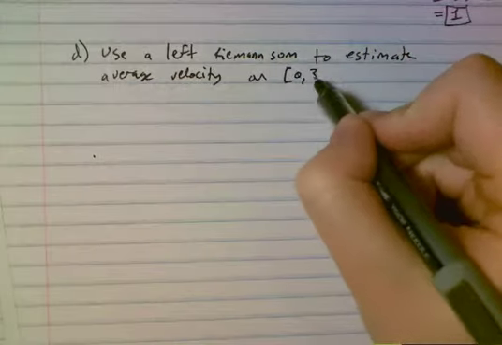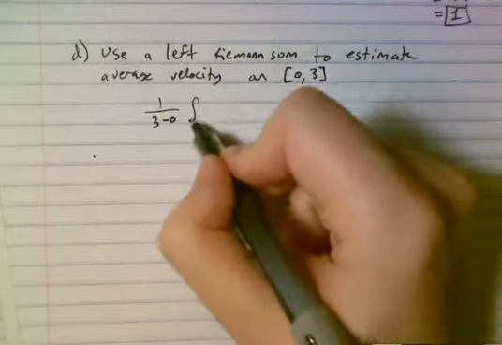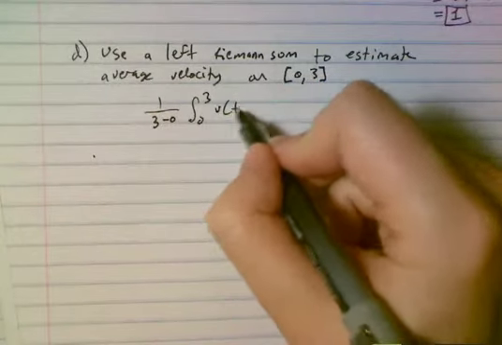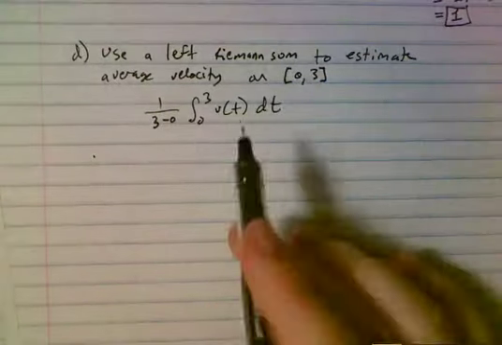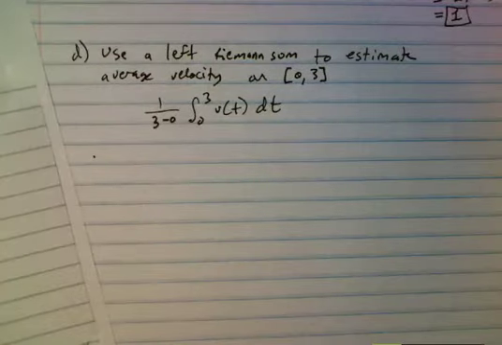So let's do the interval 0 to 3. So average velocity, 1 over 3 minus 0, integral from 0 to 3, v of t dt. Again, we're not able to get this. We have to sort of estimate this from the table.